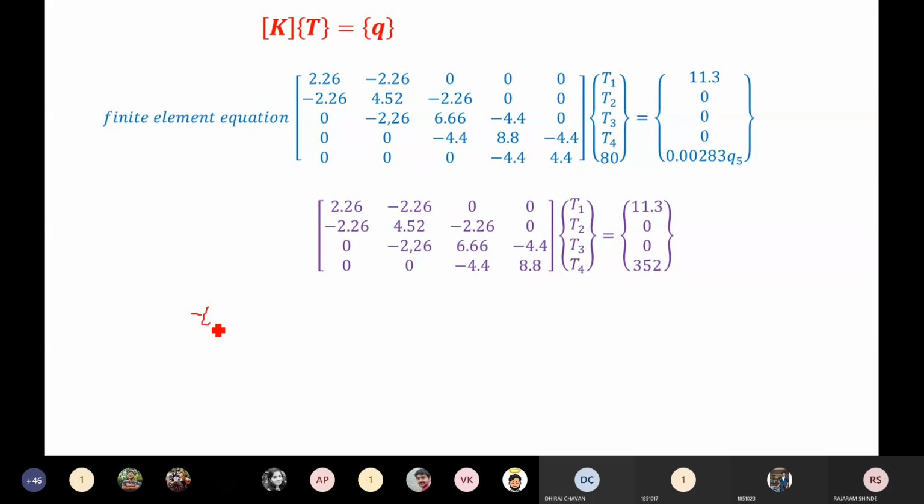Okay, you tell me answers. Minus 4.4 T3 plus 8.8 T4 is equal to 352. Okay, this one I have already written.